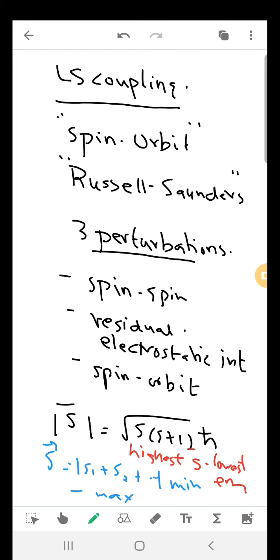and they will have different levels, and the number of levels will be 2S plus 1. It's called multiplicity.